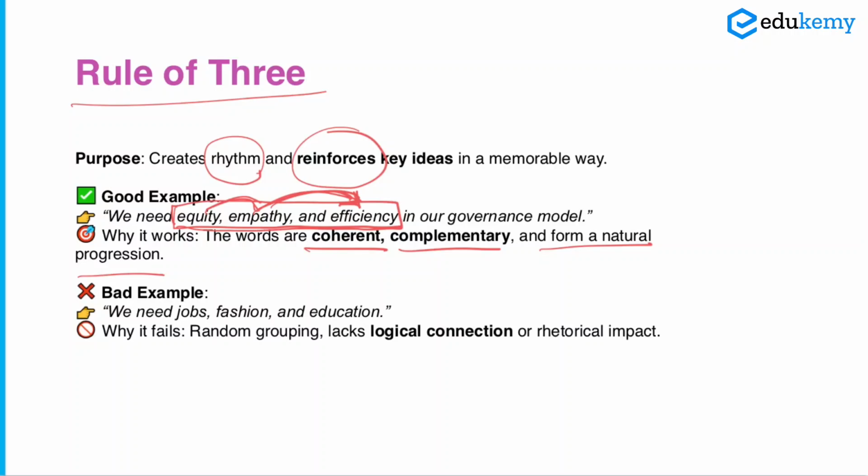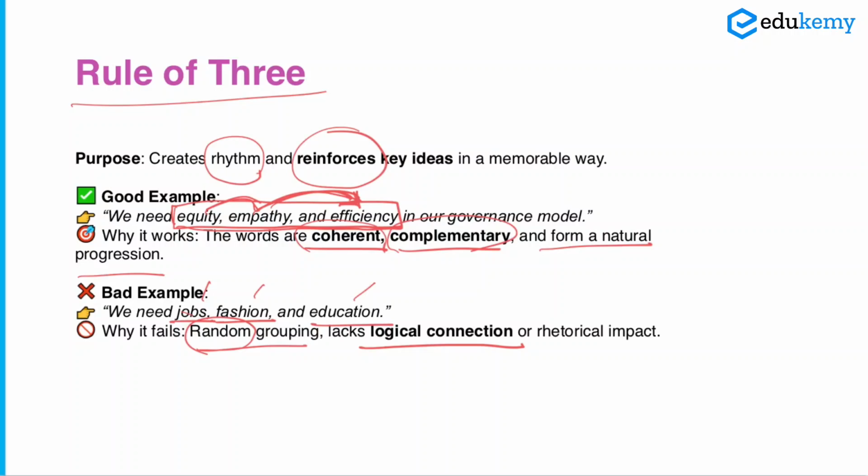Now here's a bad example. We need jobs, fashion, education. Okay, they're just three words, but they don't come together. There is no logical connection. So therefore, it's a random grouping, right? So it is not communicating anything, unlike the previous one that was coherent, complementary, and it was building on top of one another, right?